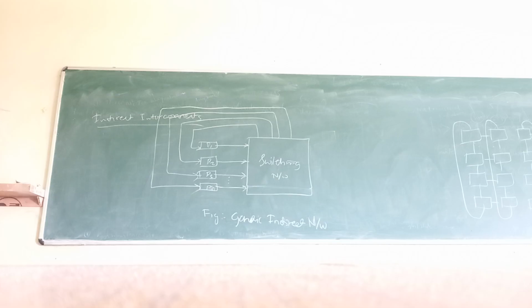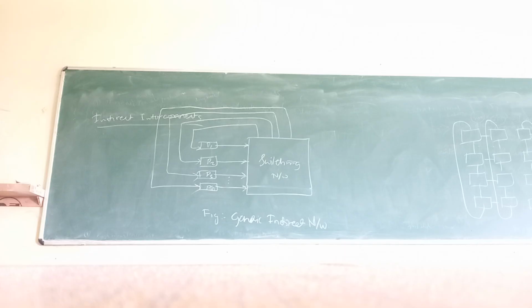In a single switch I can connect only 4 or 5 processors, but more than 5 I cannot. In the indirect switching network I can connect more than 4 processors with the help of the switching network.